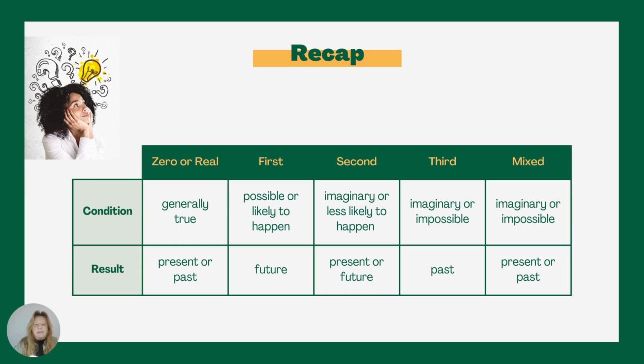The result refers to the present or the future. Third conditional, the condition is imaginary or impossible. The result refers to the past. Mixed conditionals, the condition is imaginary or impossible, and the result is present or past.